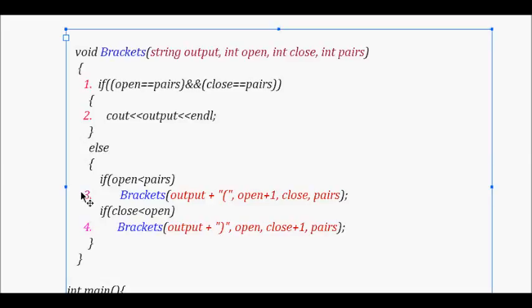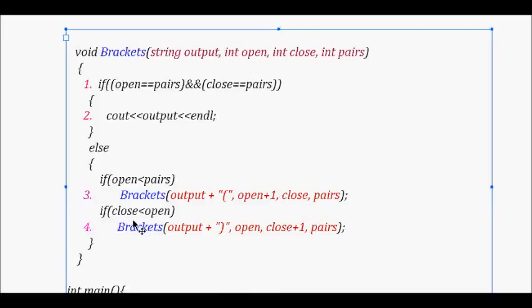Otherwise, if open is less than the maximum number of brackets, then I call bracket again, and in the output I write an open bracket, so that it knows one open brace has been included. I increment the number of open braces by 1. Closed brace does not change because I have not added a closed brace. Pairs remains the same.